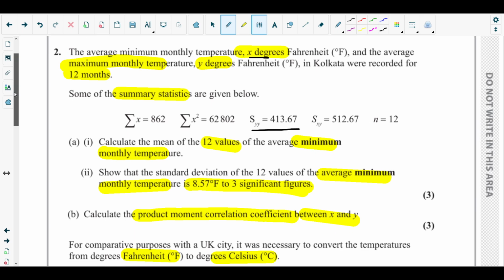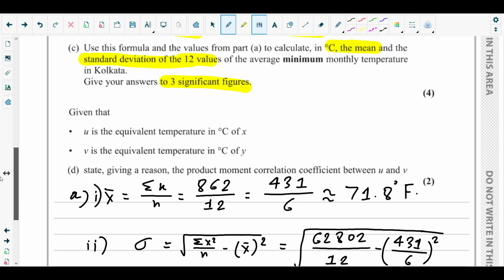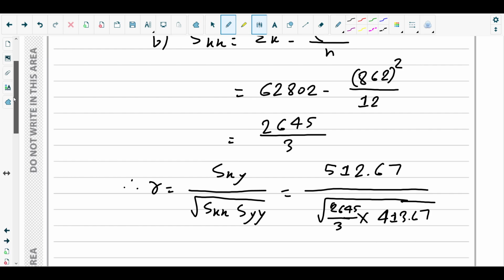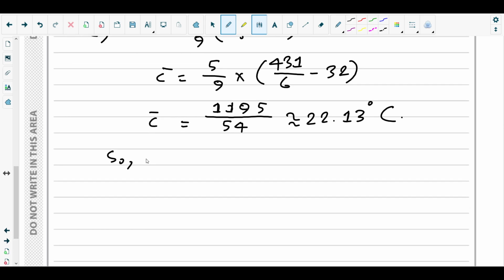We already found this in part 2 of A, which was 8.57, in fact 8.5715. So the standard deviation for the Celsius scale would be 5/9 times 8.57, which is 4.7611 and it keeps going.